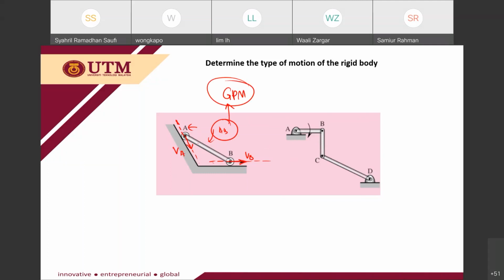So that is the first one, and now the second one. Member AB, what type of motion is member AB for the second figure, anyone? Rotation. Okay, member CD, what is the type of motion?